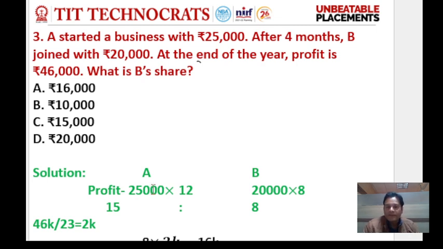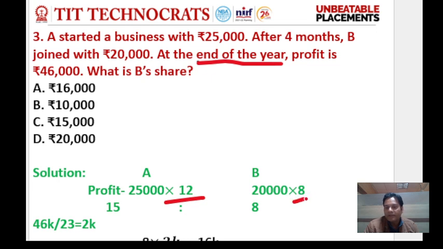As you can see here, A invests 25,000 for 12 months, because it is obvious, you mentioned the business goes for 1 year. So A is engaged for 12 months, and because B comes after 4 months, B is engaged for 8 months only.